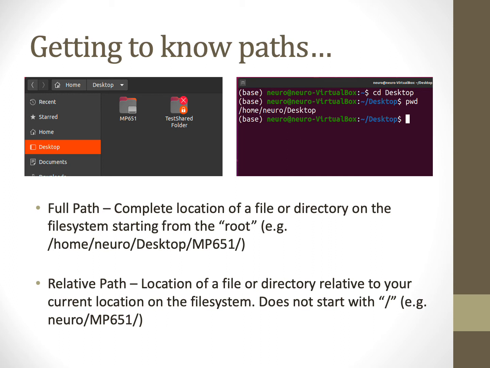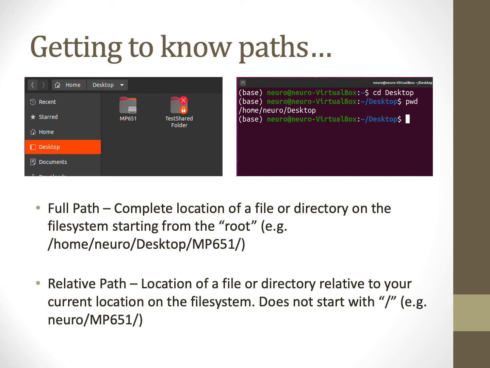For example, the complete location of MP651 on our file system would correspond to home, neuro, desktop, MP651. A relative path corresponds to the location of a file or directory relative to your current location on the file system. It does not start with the root directory.